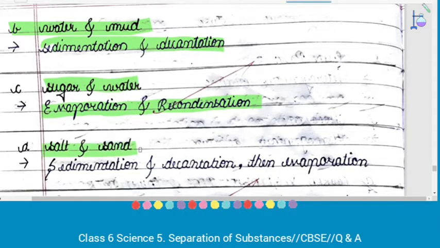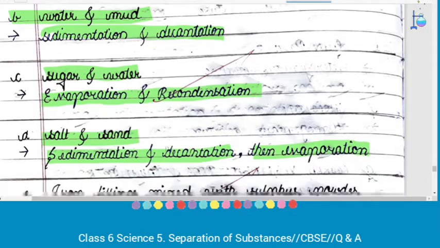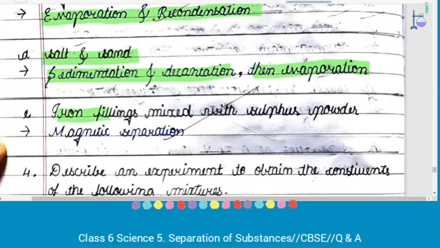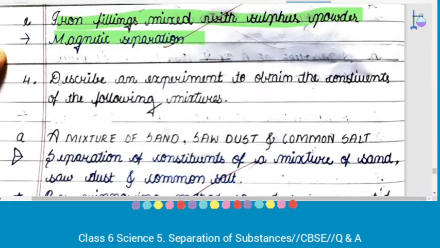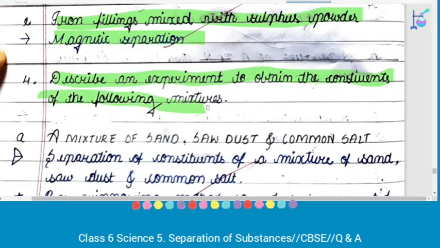Salt and sand. Sedimentation and decantation, and then evaporation. Iron filings mixed with sulfur powder. Magnetic separation.